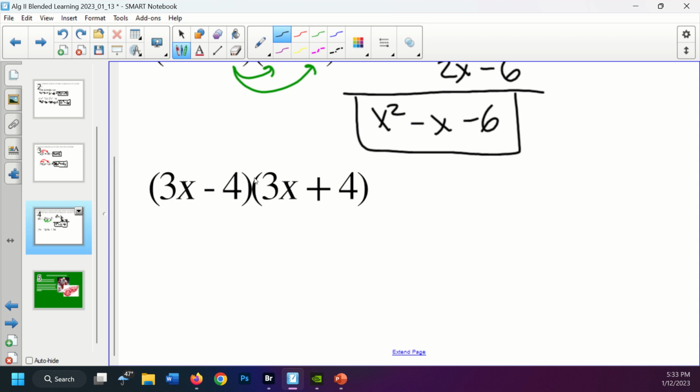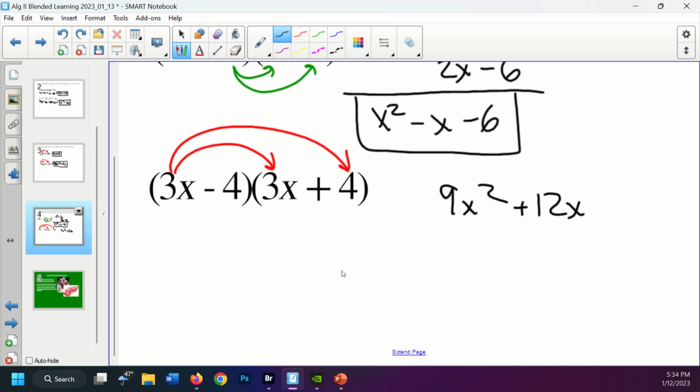Similarly, if I want to multiply these two, I'll go 3x times 3x, and then 3x times 4. 3x times 3x is 9x squared. 3x times 4 is 12x. And then I will multiply the second term, so negative 4 times 3x and negative 4 times positive 4.